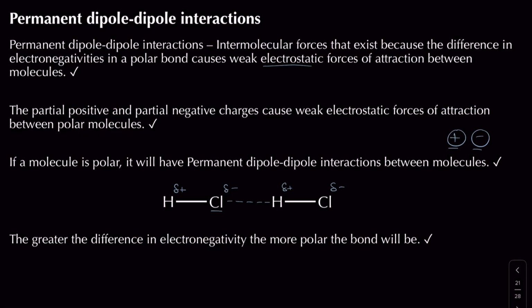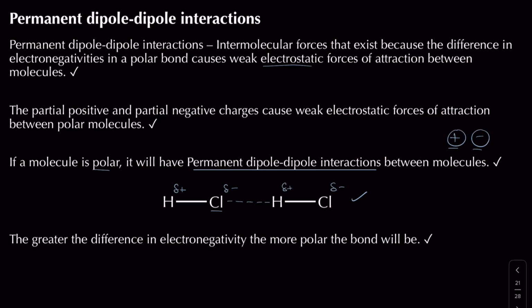A rule we establish is that if the molecule is polar, then it will have a permanent dipole-dipole interaction between the molecules. So we first establish, is the molecule polar? If it is, then it will have a permanent dipole-dipole interaction.